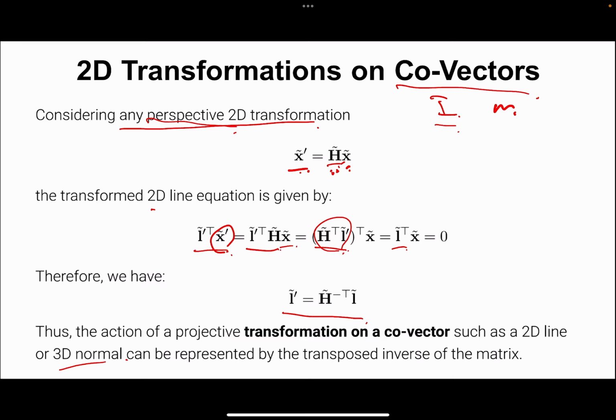H is used to transform x to x prime, but x prime is on the line l prime and x is on the line l, so after transformation they still need to be on the line, so we need to cancel this H by applying H minus transpose. That is how we can intuitively interpret this result.